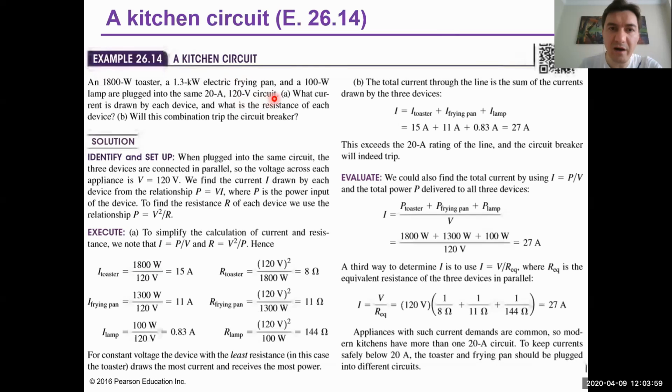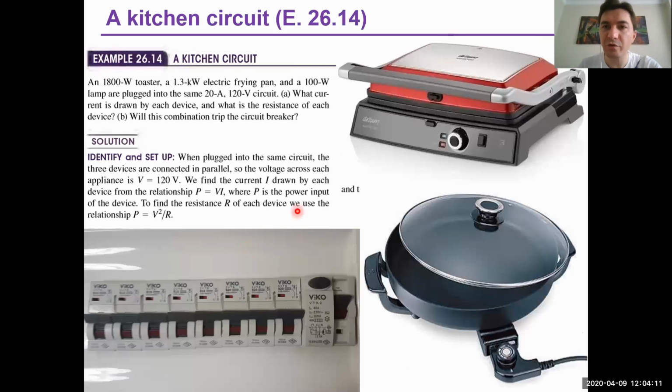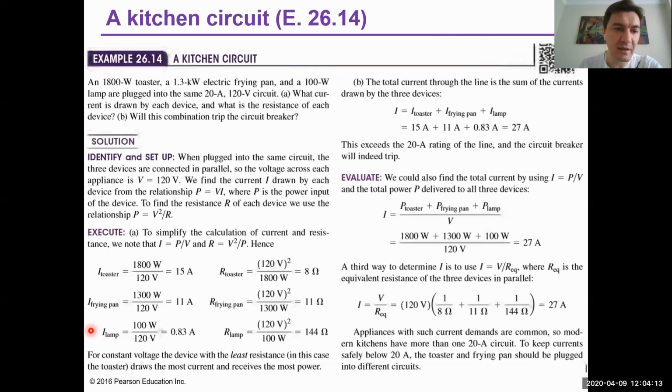The voltage provided by the household electricity is given here, 120 volt for the United States and Canada; in Turkey, you can use 220 volt. So for the toaster, you have 15 amp. For the frying pan, put this one here and the voltage here, 11 amp. And for the lamp, we use 0.8 amp.